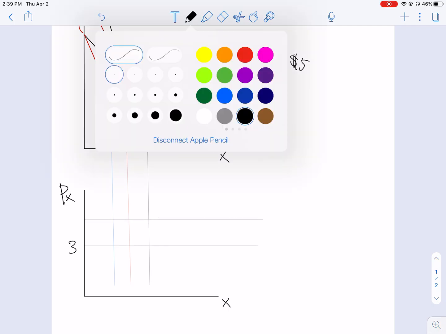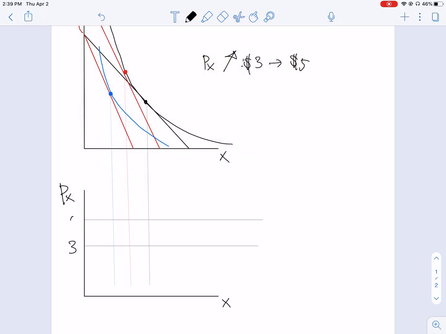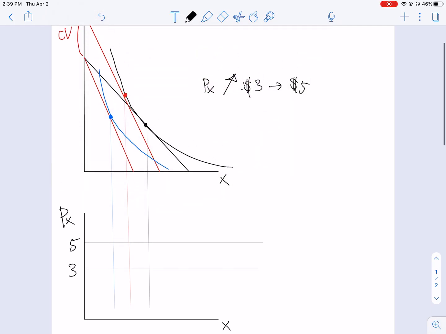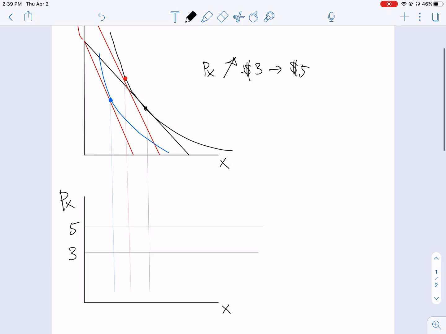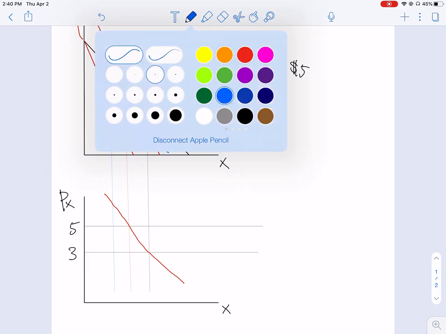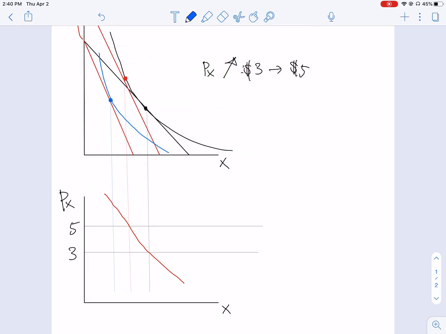So what I see here is that if we think of only the substitution effect, the demand curve is going to look like that, right? And if you think about the total effect, the demand is going to be like that.